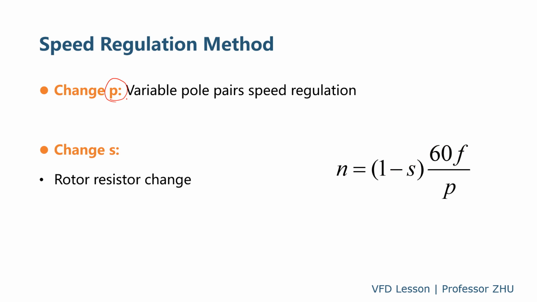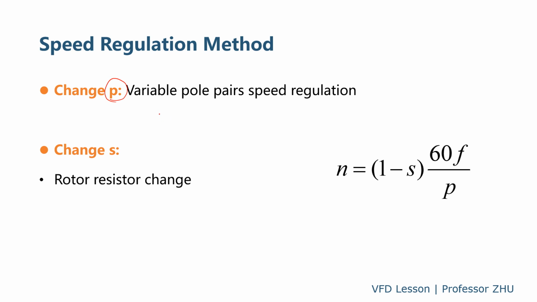One is to change the number of poles, but if you change the poles, you need to have more than one set of stator windings in the motor. Also, when you change the poles, the speed changes in steps, not continuously.